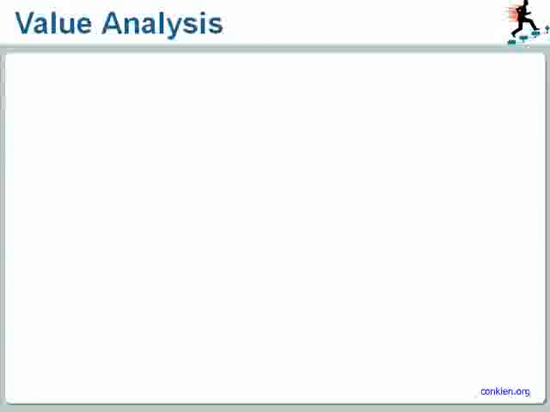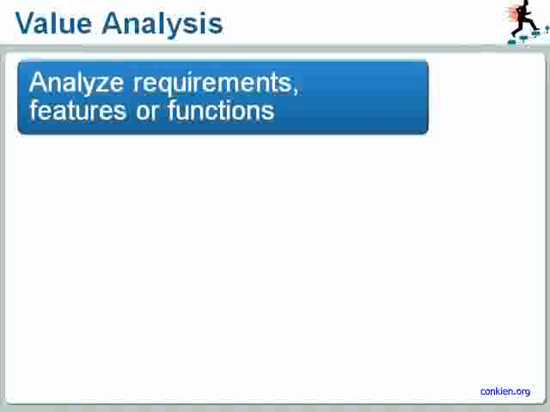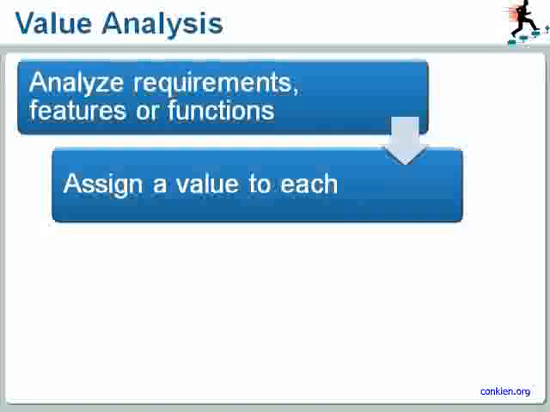Another similarly easy concept to understand is the value analysis. The idea behind the value analysis is to take a look at all the requirements and features or functions of your project's final product and then assign a value to each of these.